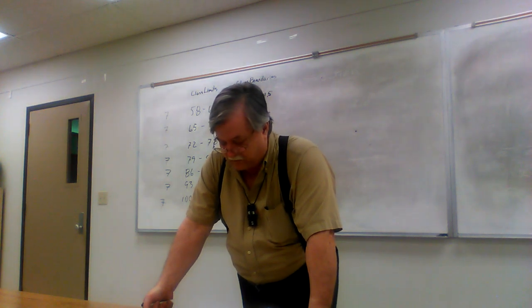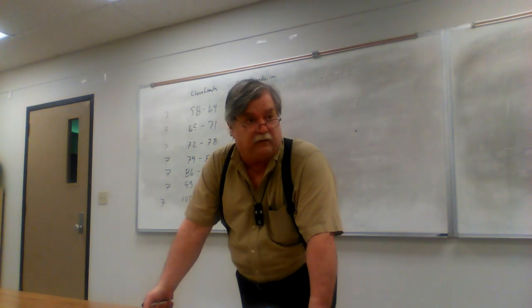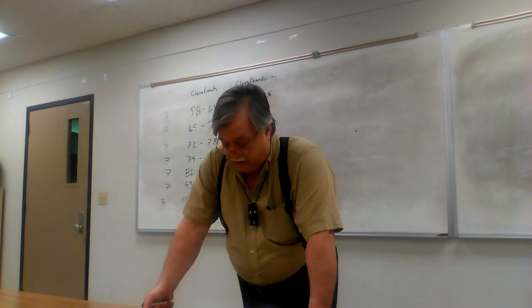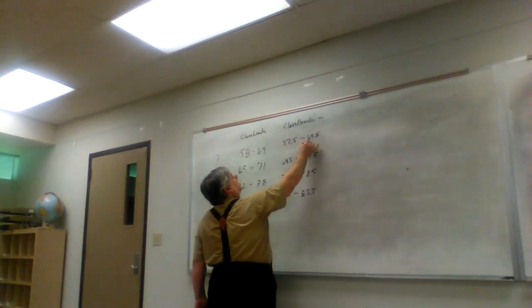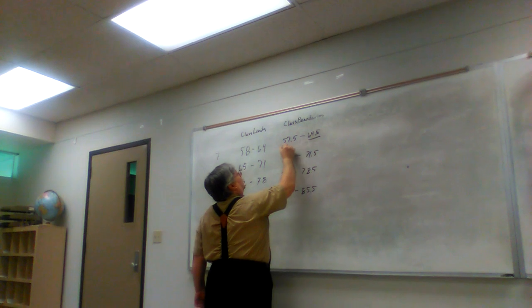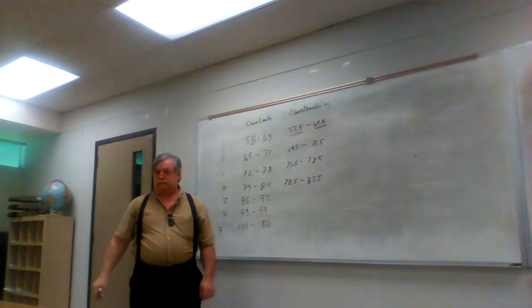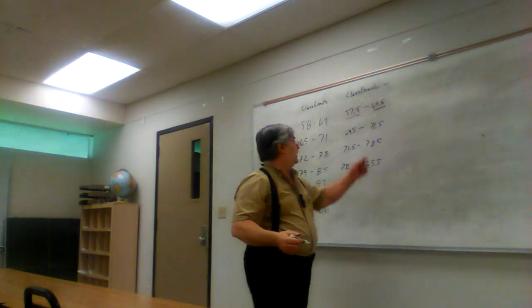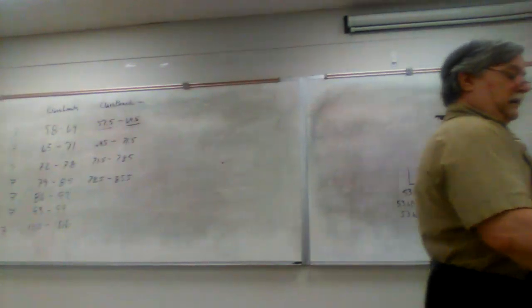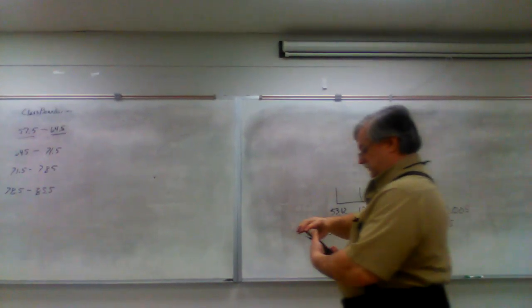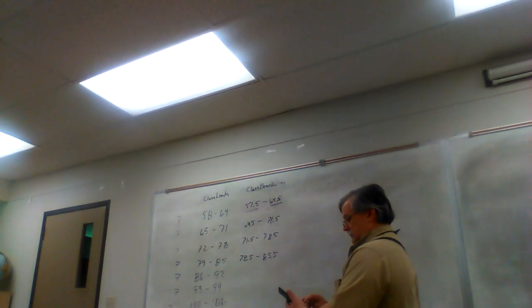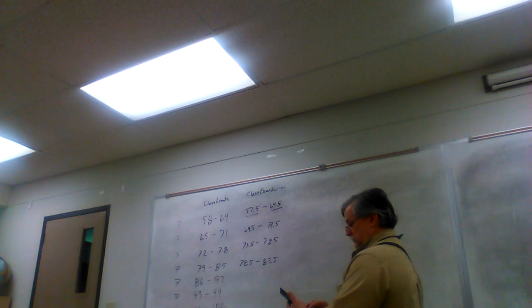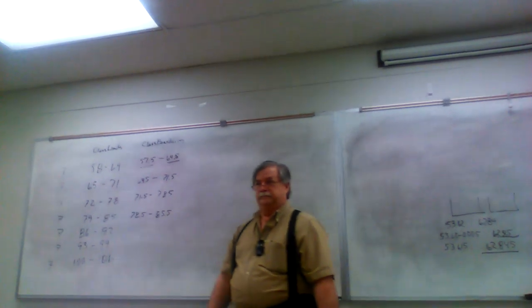Now, there are 2 ways you can find the class width. You can subtract the lower boundary from the upper boundary. Someone with a calculator, do that here. 64.5 minus 57.5 gives you 7.